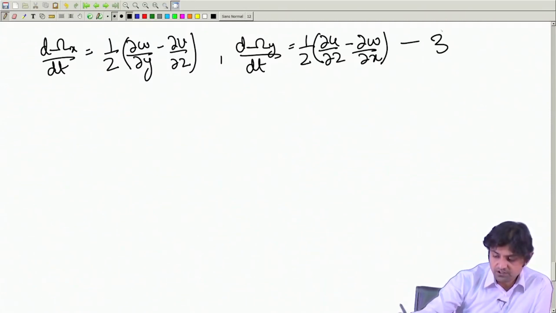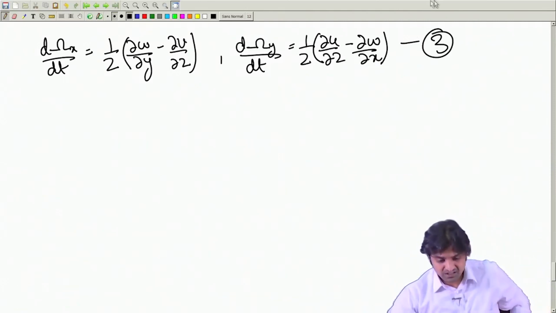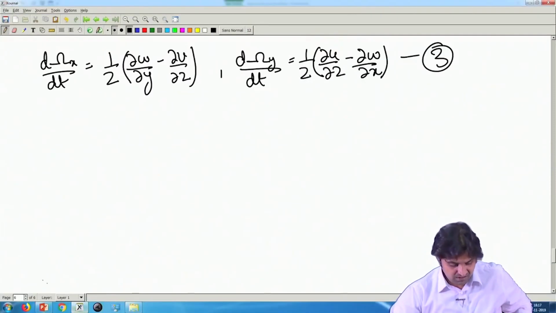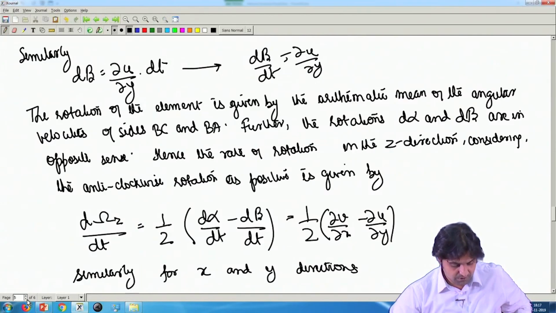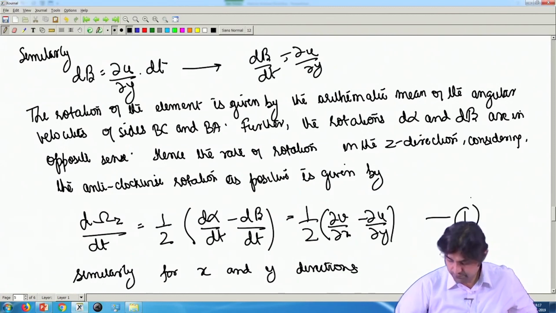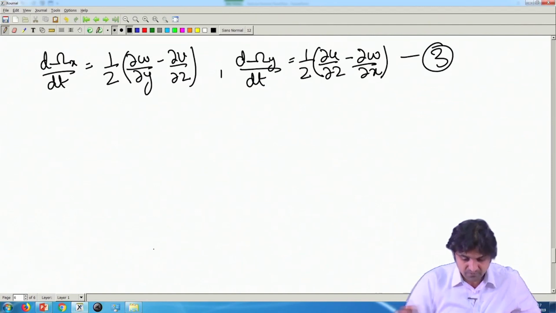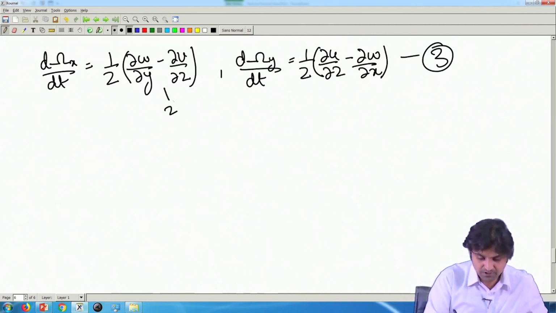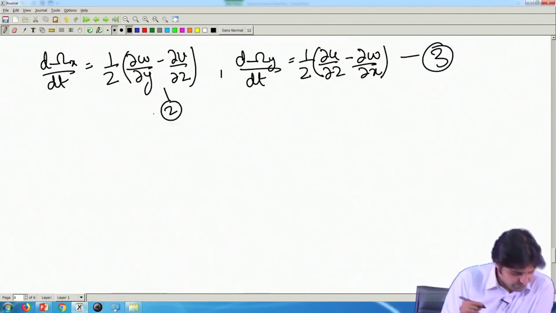So let's call this equation number 3, okay, and the other two equations, you know, so let's say this is 1, and this was equation number 2. All right.